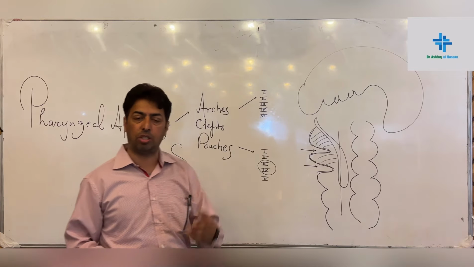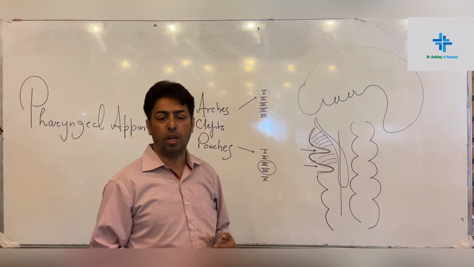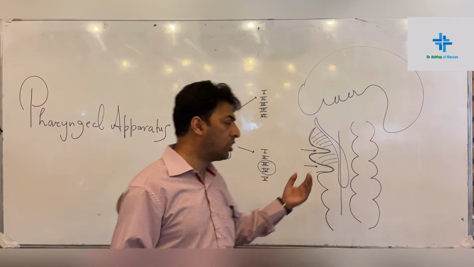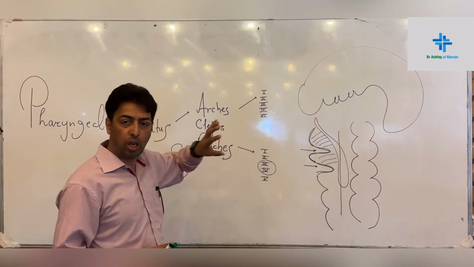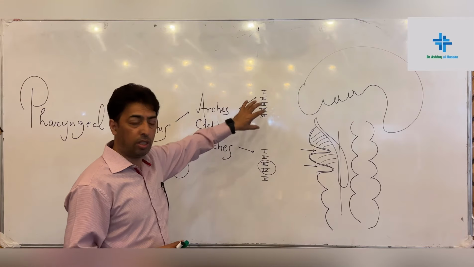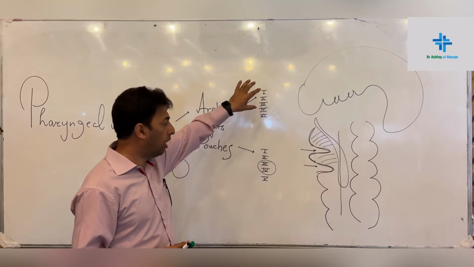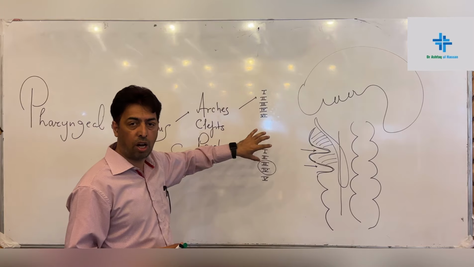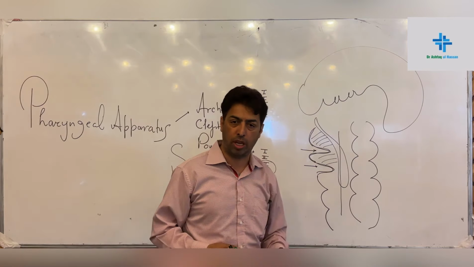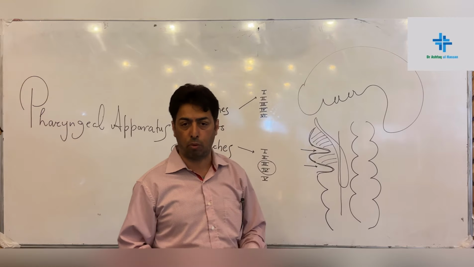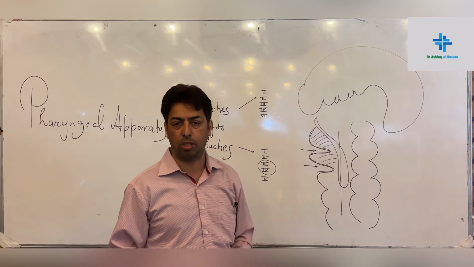You have to try hard to remember the concept over here, the specific things derived from the pouches and the specific things derived from the arches, and that will tremendously help you in your NEET PG examinations. Whatsoever type of questions you are faced with, this concept is very important.